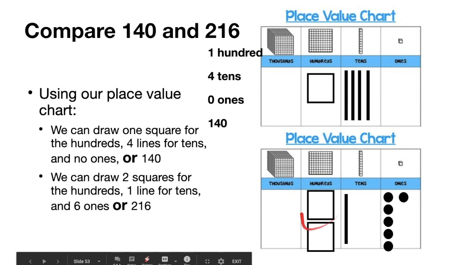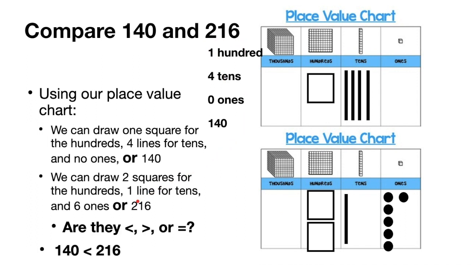Well, if I have 2 hundreds, I know automatically, without even looking over here, so we don't even really need these, that this number, 216, is going to be the bigger number, so 140 is less than 216. So 140 is less than 216.